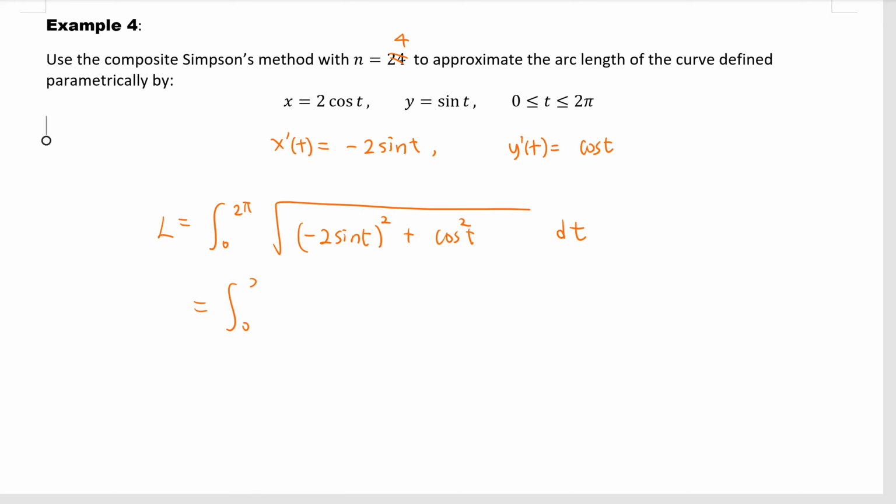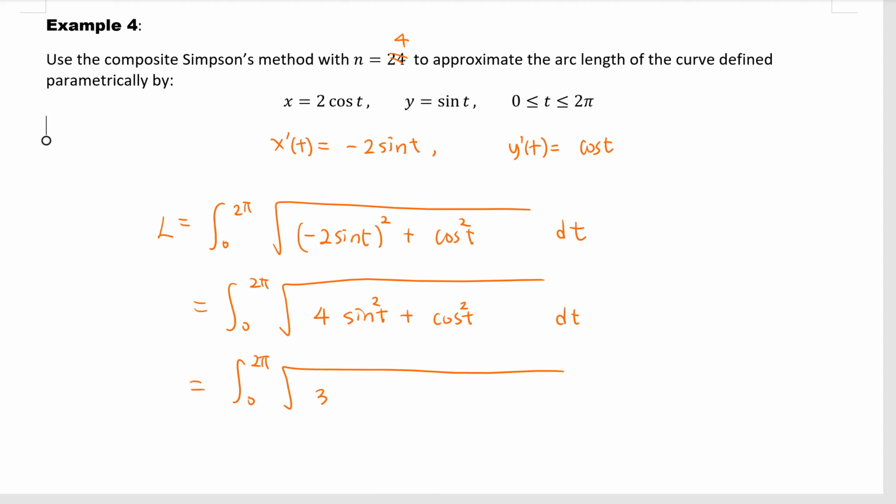Okay, I would like to simplify a little bit. This is 4 sine t squared plus cosine t squared dt. But actually, you know what? I can split it into 3 sine t squared and 1 copy of sine t squared. And can you guess what happened?